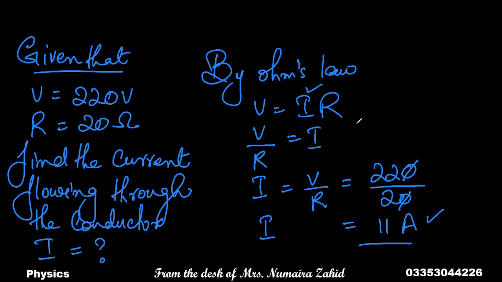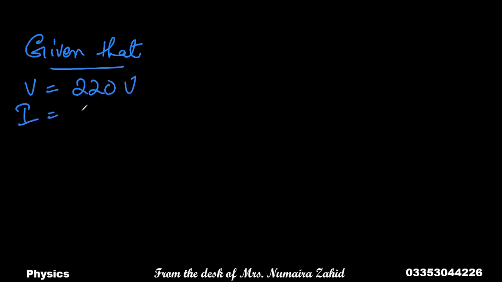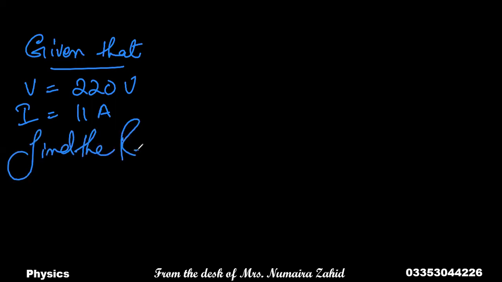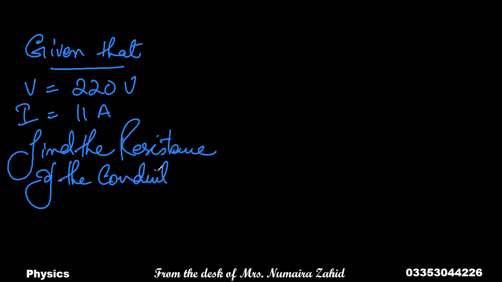Now the last quantity we are going to discuss: how can we find resistance? If it is given that voltage is 220 volts and current is 11 amperes, we need to find the resistance of the conductor. So R is equal to question mark.